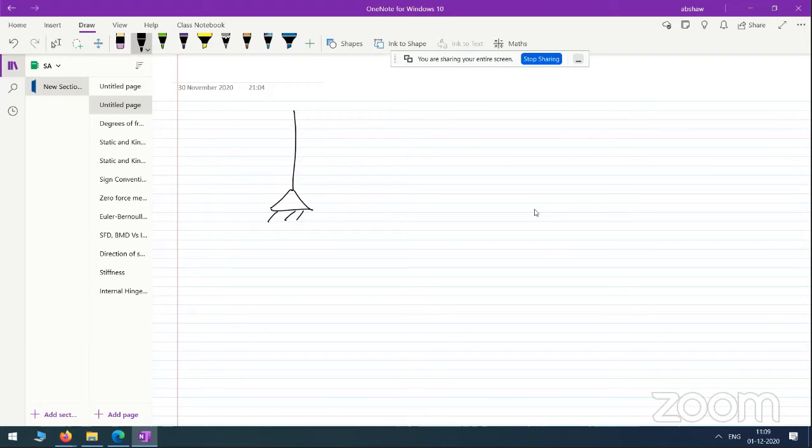For instance, if you talk about hinge support, I'm again talking about a two-dimensional plane. For a hinge support, this direction movement is restricted, this direction movement is restricted. The only movement allowed is the rotation. So this object can rotate like this. So it has just 1 degree of freedom.